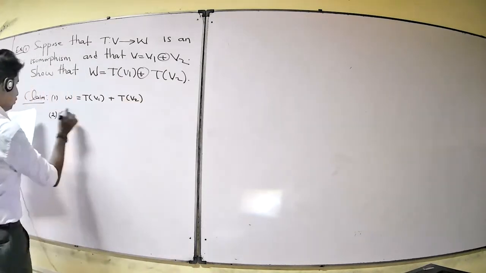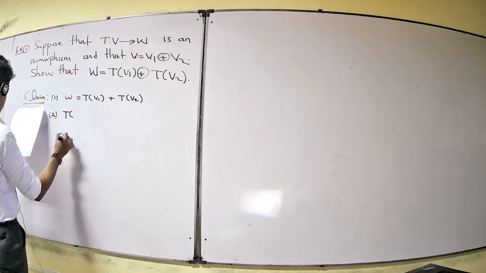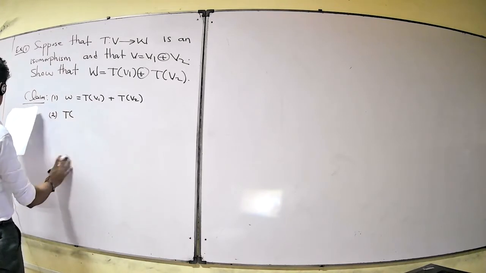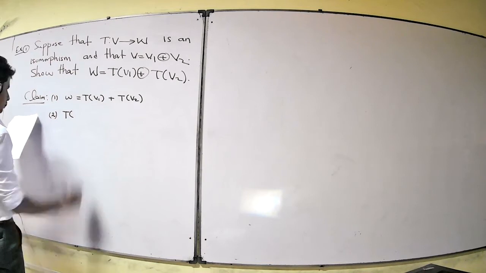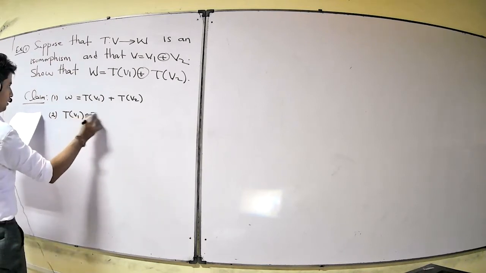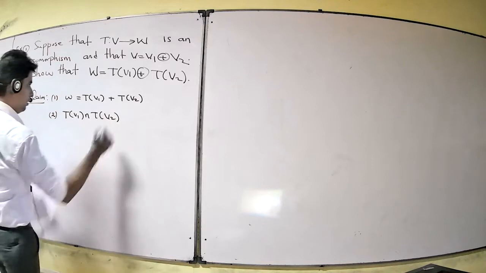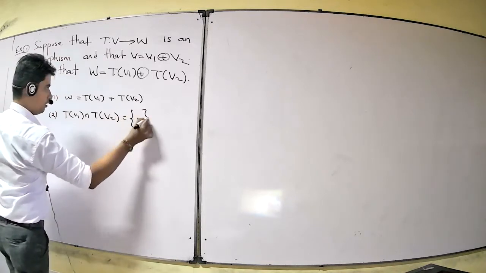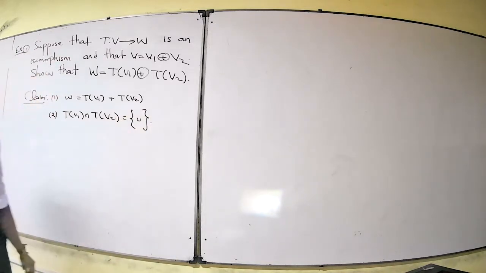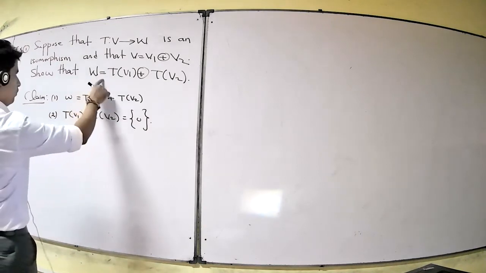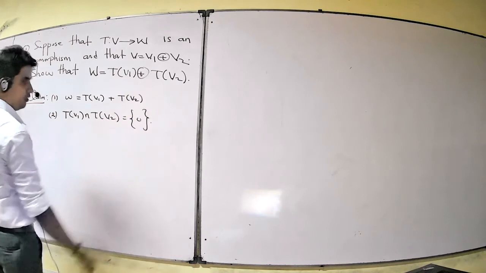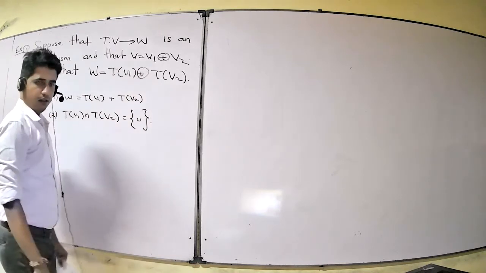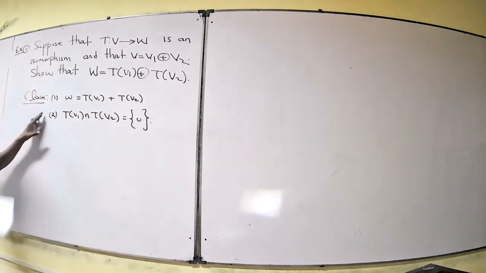And also you want to show that T of V1 intersection T of V2 is the singleton 0. Then you can say that W equals the direct sum of T of V1 and T of V2. These two parts you want to prove for this question.